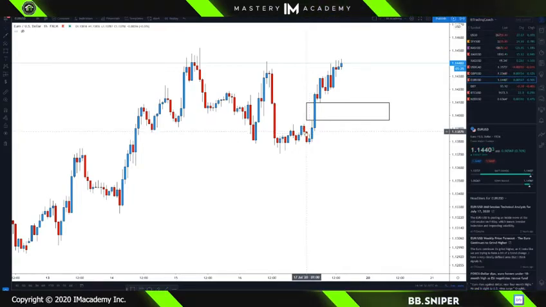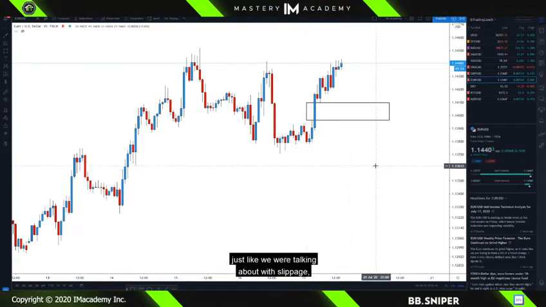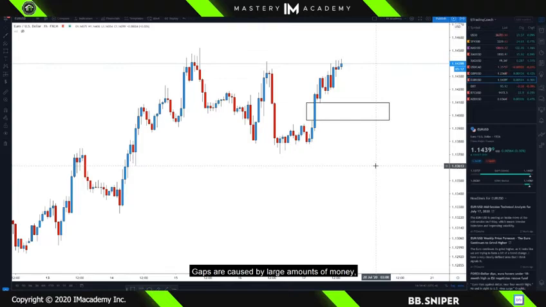Either way, just like we were talking about with slippage, gaps work in pretty much the same way. Gaps are caused by large amounts of money flooding into the market all at once. Gaps can also be caused by low levels of liquidity and thin order books that do not give people the ability to get their entire position filled at one price.